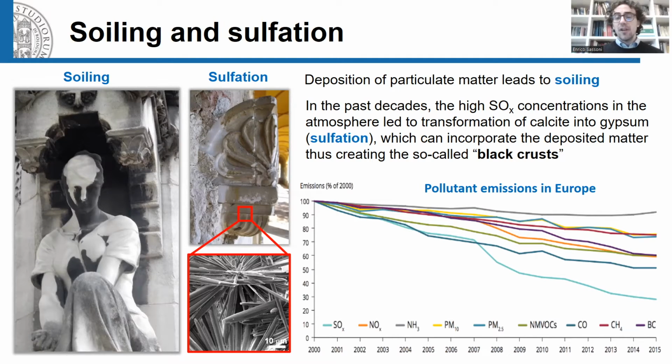So this chemical reaction between the carbonate substrate and sulfur oxides mediated by water leads to the formation of gypsum that can incorporate this particulate matter. So when we go and restore a monument today, we need to take this into account.